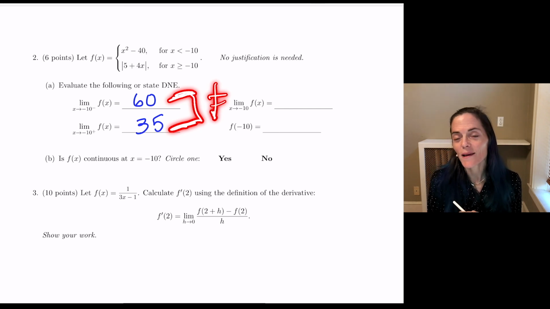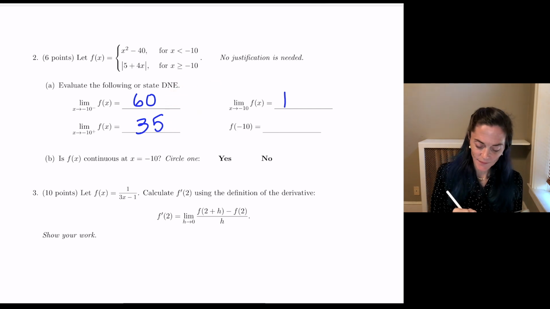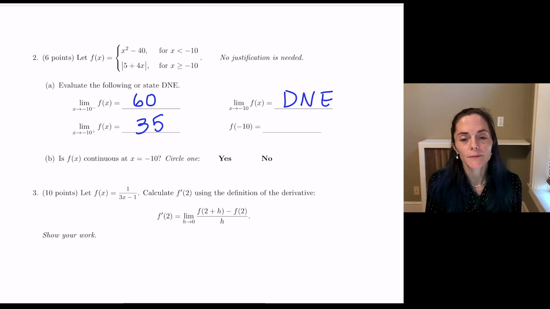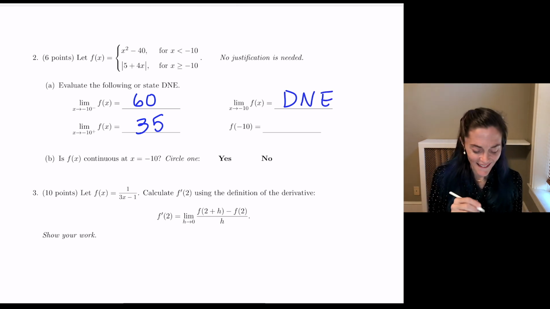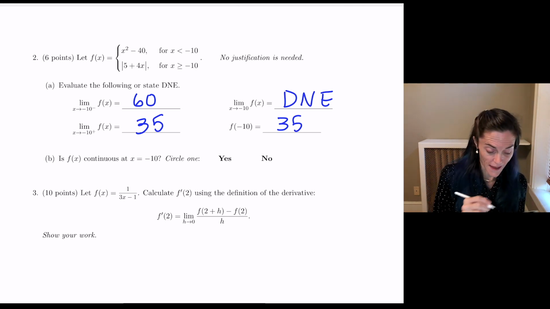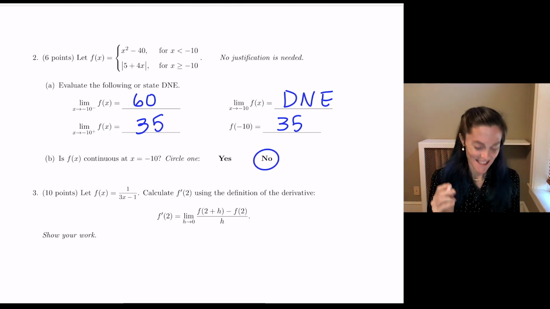Therefore, the overall limit does not exist. Function value. Well, the equals is here, and so we get 35. Is f of x continuous at x equals minus 10? No, because the limit does not exist.